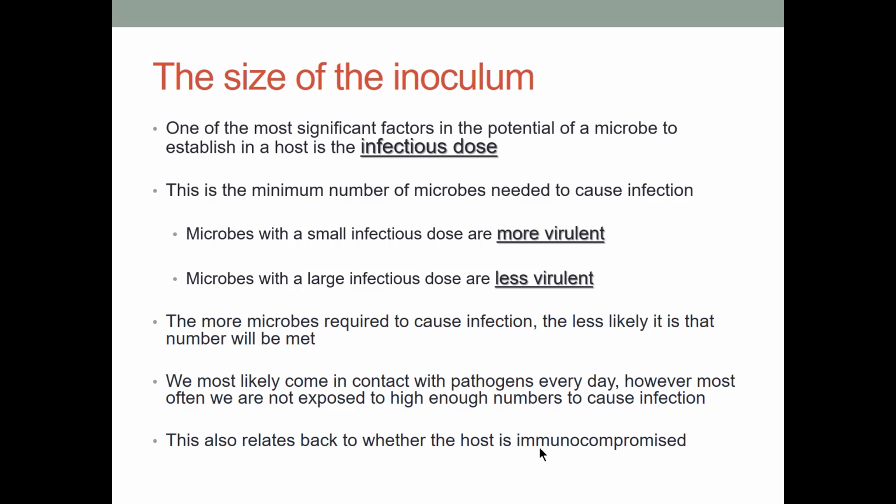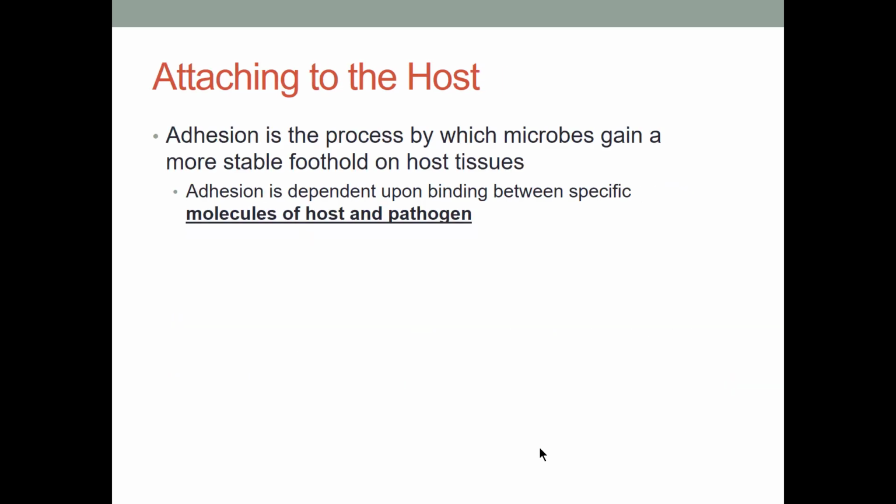You'll see people put numbers to this, and you can do that, but it's not really as accurate because it's more of a relative thing. For example, if you have a compromised immune system, eating out at a restaurant can be dangerous to you because even small numbers of pathogens can make you sick, whereas most people aren't at risk because even if they are exposed to small numbers, their body will fight it off. They're not going to have a serious likelihood of infection. So immune compromised people are generally more at risk even with smaller numbers.